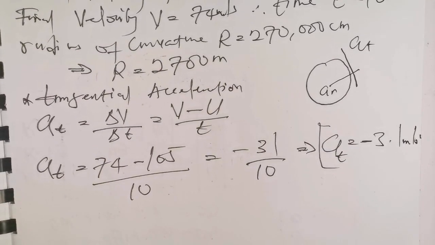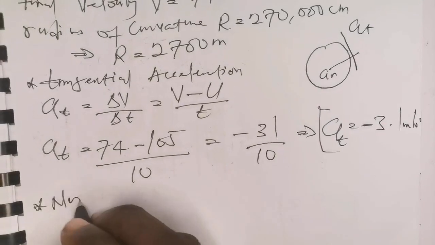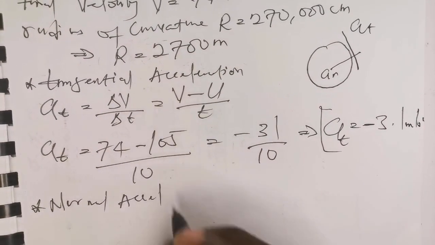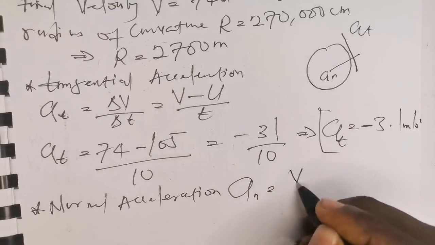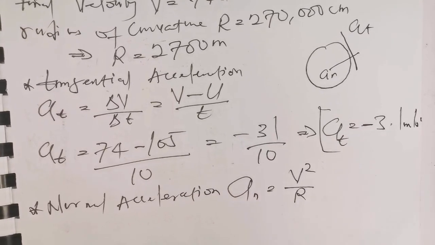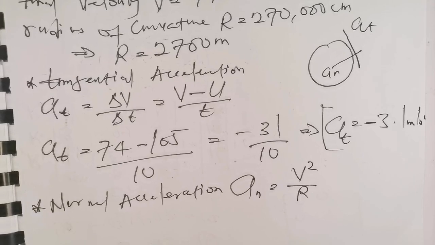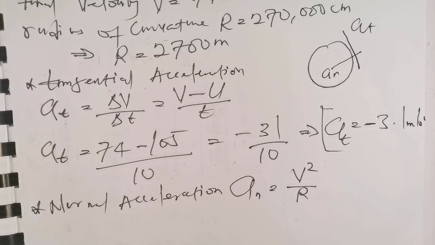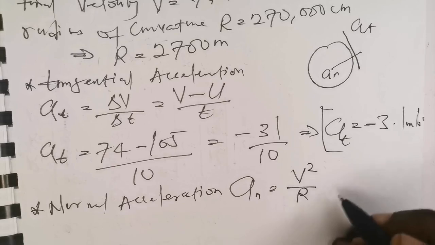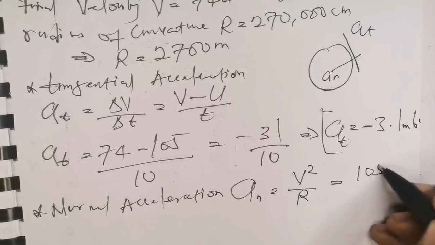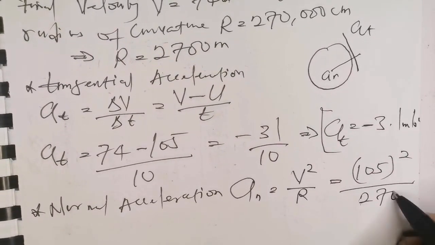Next, we need to find the normal component of the acceleration. Now, the normal acceleration a_n is given as v squared all over the radius of curvature. This is how you find your normal acceleration, where v is the speed of the car around the circle. So the car is moving at 105 meters per second. Our normal acceleration is simply 105 to the power of 2 divided by the radius of curvature, which is 2700.